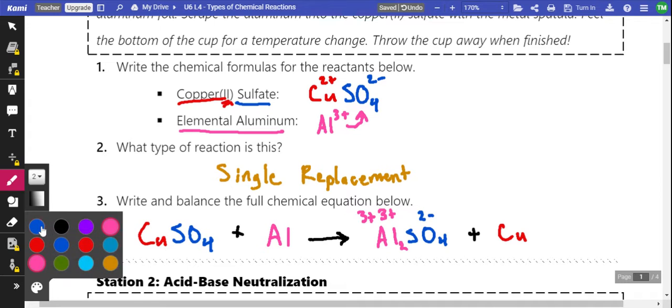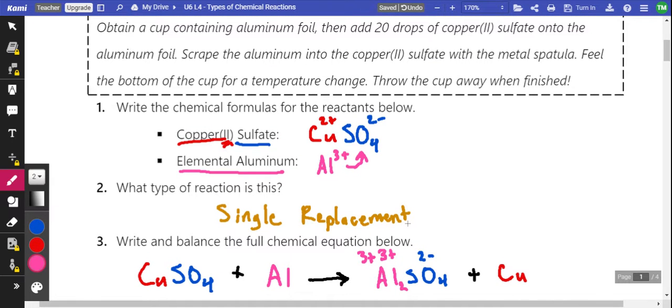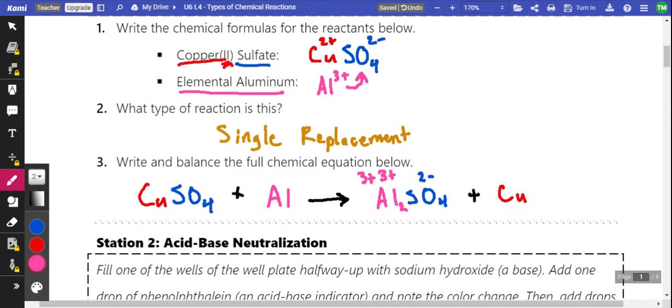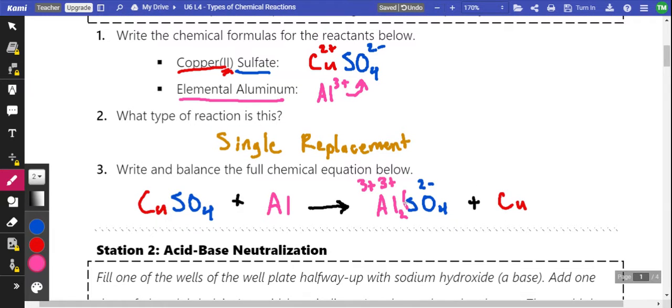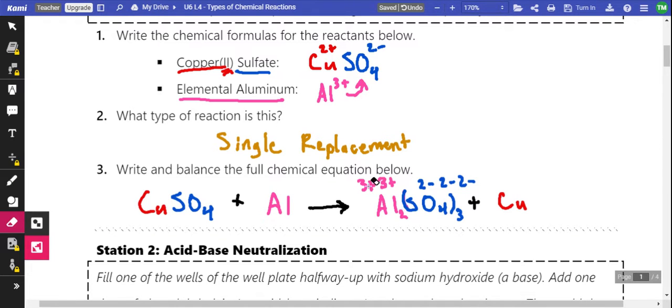If I had this whole sulfate thing 3 times, -2, -2, -2, that would be +6 and -6 canceling out, and all that charge goes away. That makes a happy ionic compound.